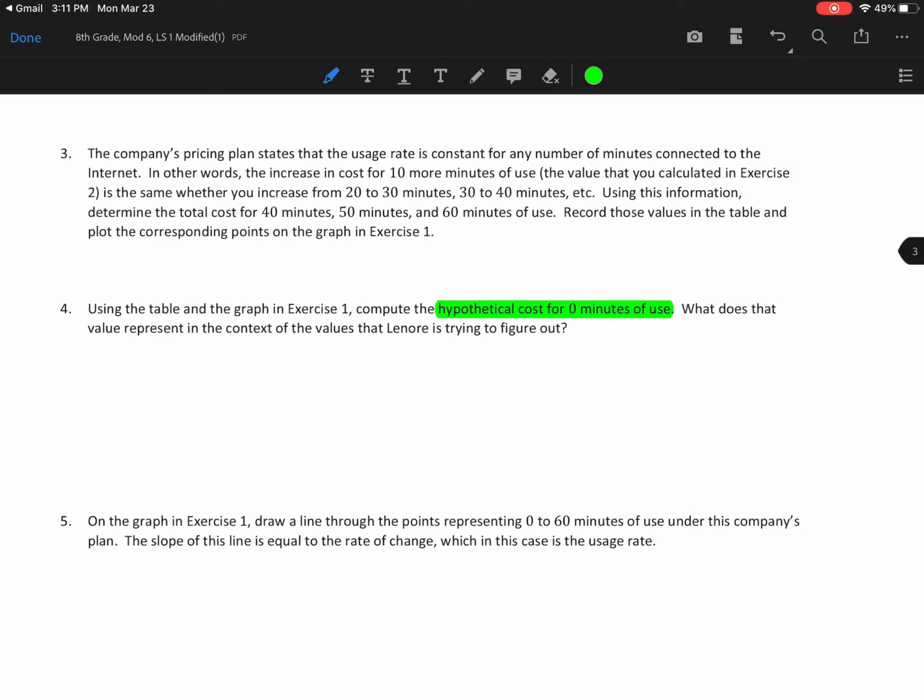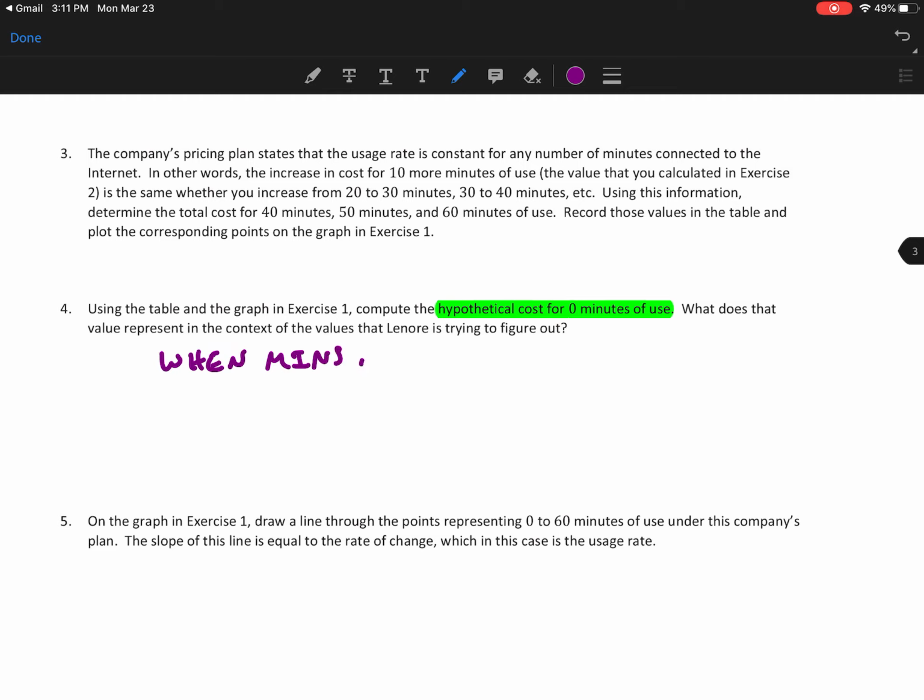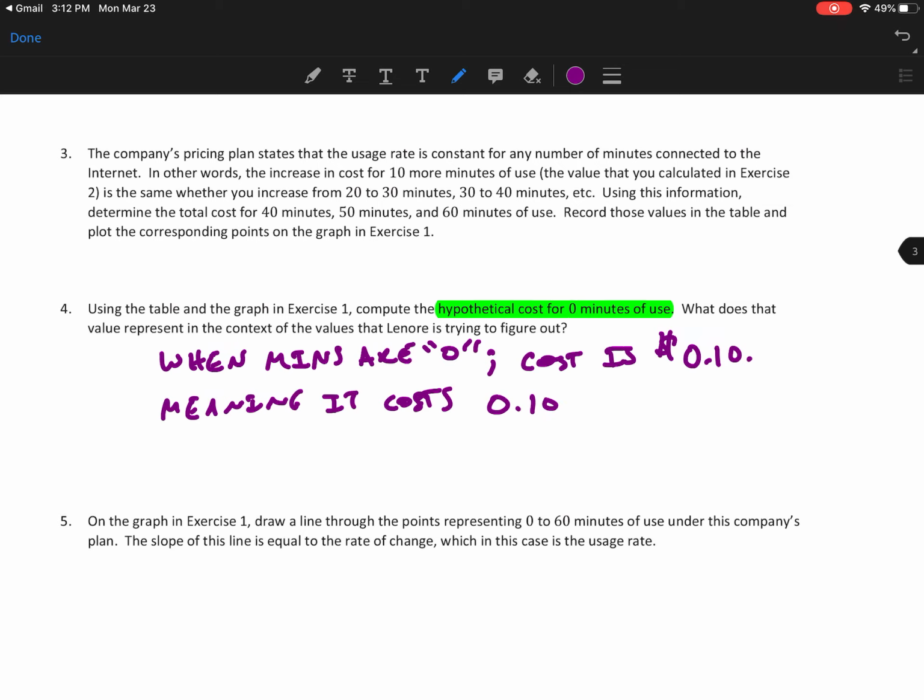So we can say when x is 0, or for the context, when minutes are 0 cents, our cost is 10 cents, meaning it costs 10 cents to access the internet.